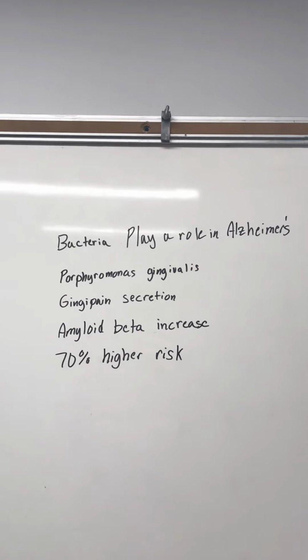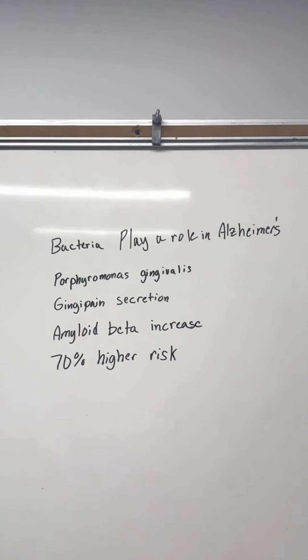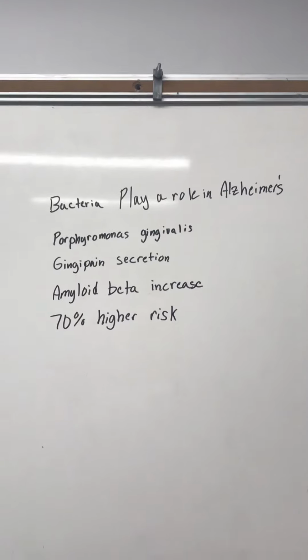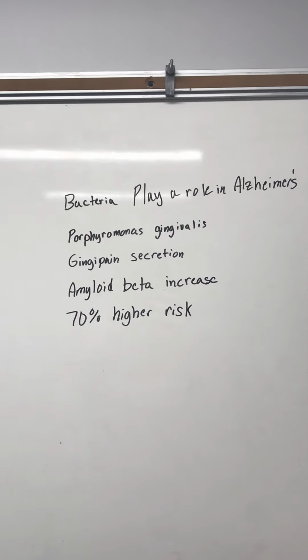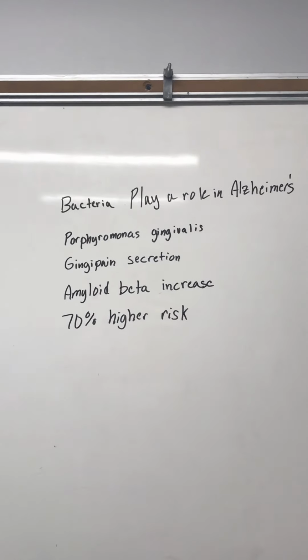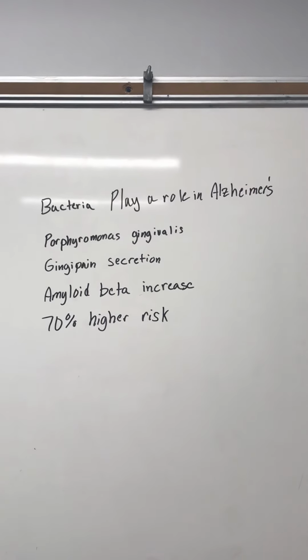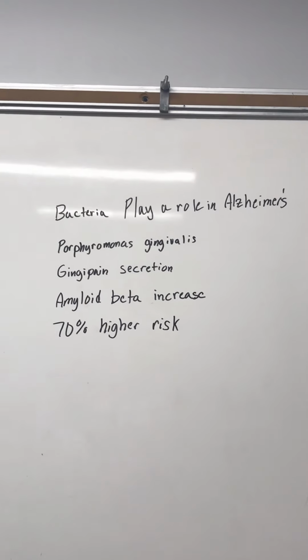And the amyloid beta can form an oligomer, and an oligomer is basically a cluster of these amyloid beta proteins.